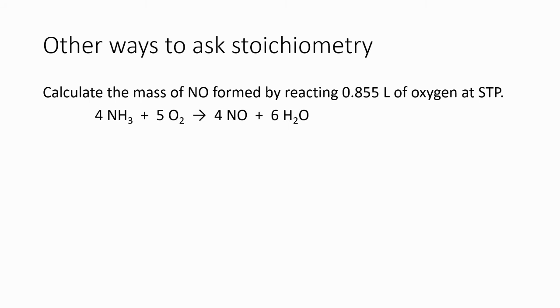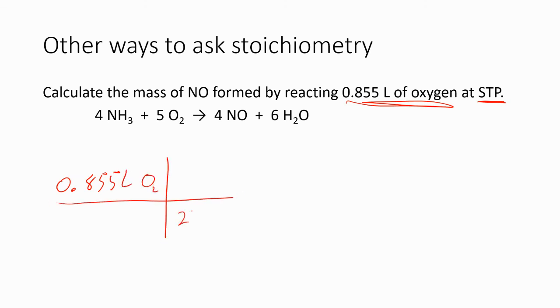So if you have 0.855 liters of oxygen, okay, it's at STP, so you know you can do this thing. So 0.855 liters of oxygen. You got to go from liters to moles.